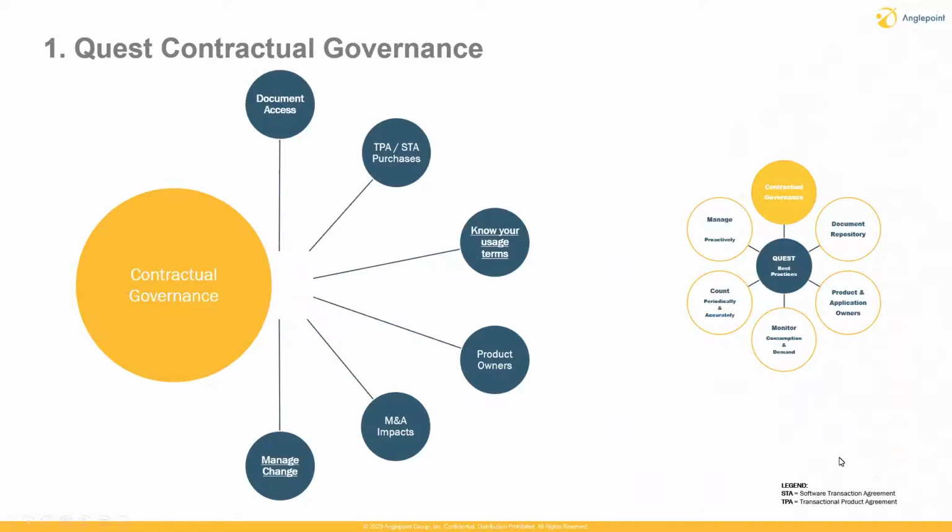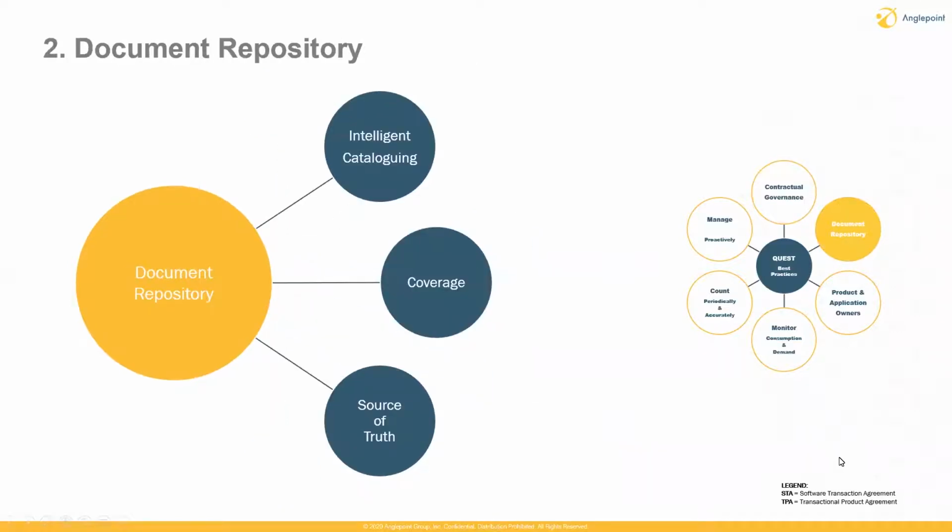So I'm going to move on to the next slide, which is really focused on document repositories, which in some cases is a forgotten element, but it's certainly something I wanted to spend some time on.